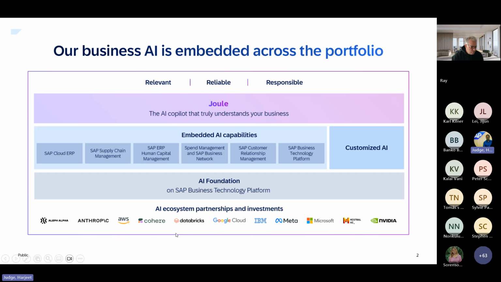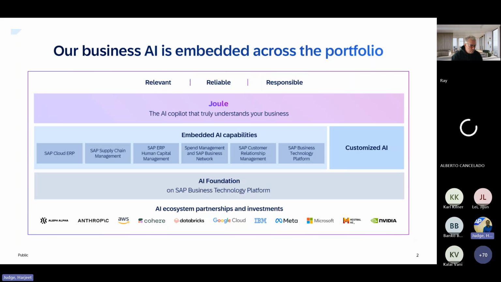If you've been looking at some of the presentations from SAP around AI, you may have seen this slide before. It talks about the overall AI portfolio from SAP. At the bottom of the slide, you see the different large language models that are provided by different companies involved in the space. On top of that, we have our AI foundation, which is in the business technology platform.